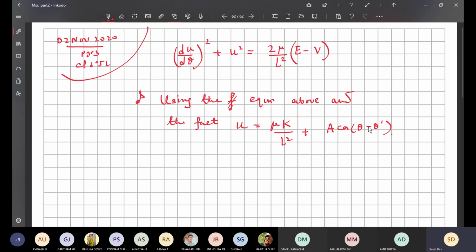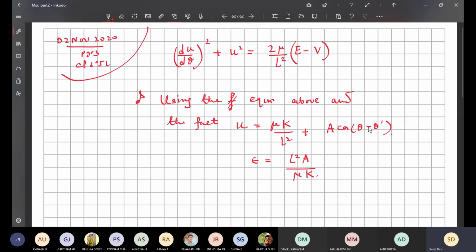And what is epsilon? Epsilon is L square A by mu k. Once you use all these facts, you can write epsilon as a function of the total energy.